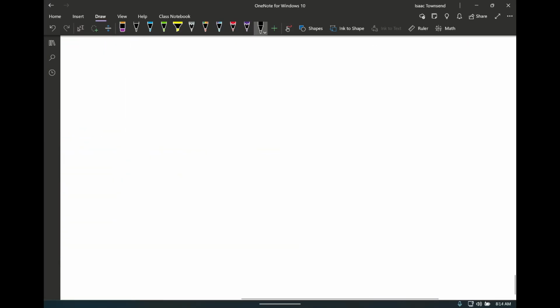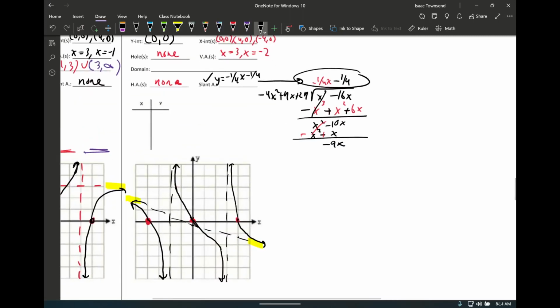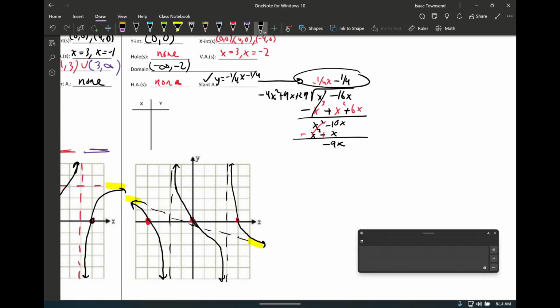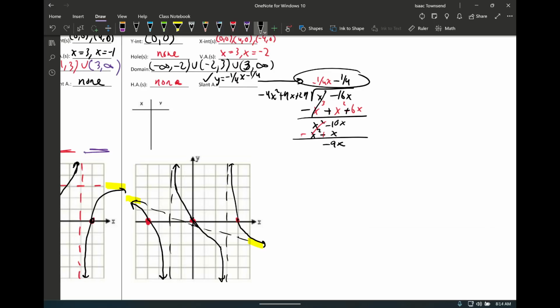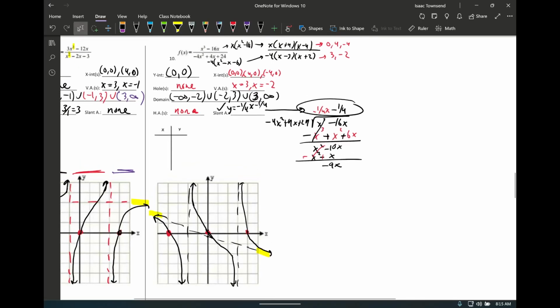Okay, and then domain, since the graph is all completed now, be -infinity to -2, and -2 to 3, and 3 to infinity. Okay, any specific questions you guys like to ask about 10?